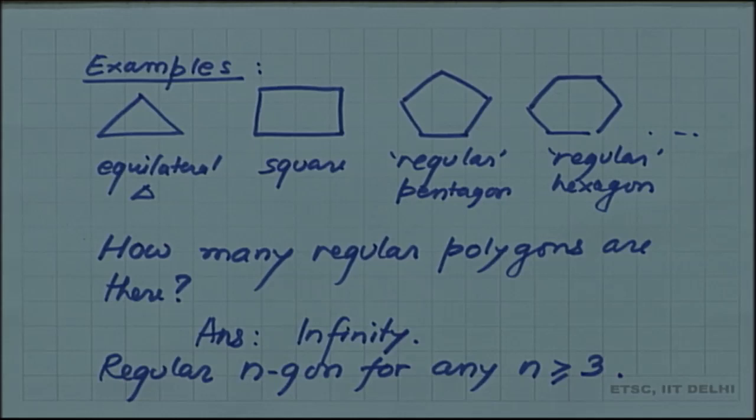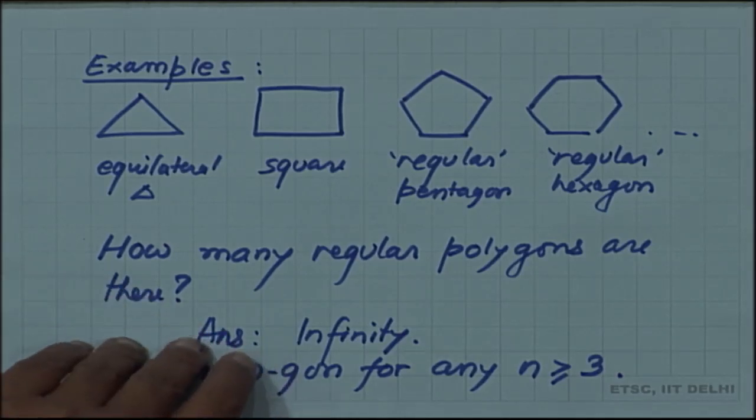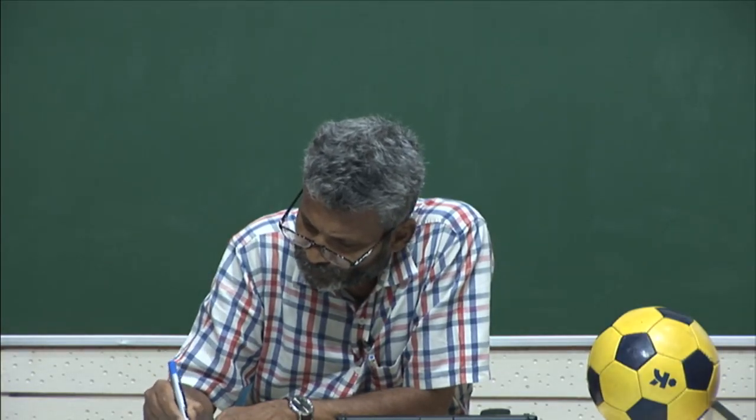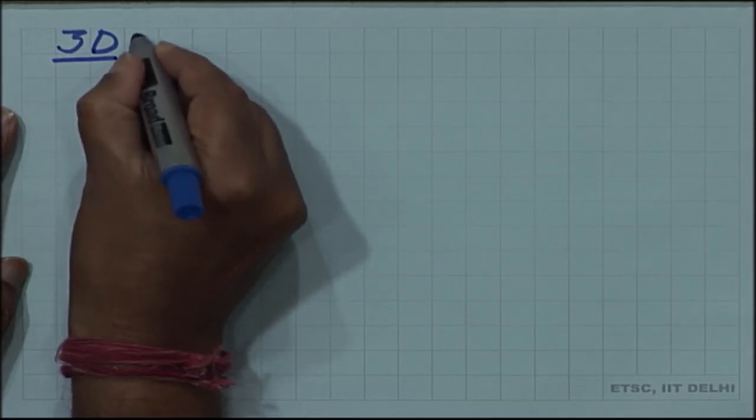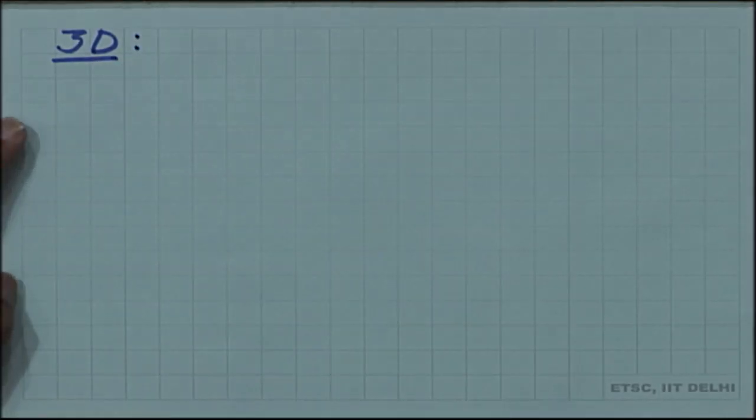With this familiarity, now let us try to generalize this concept into 3D. What is the 3D version of a regular polygon?